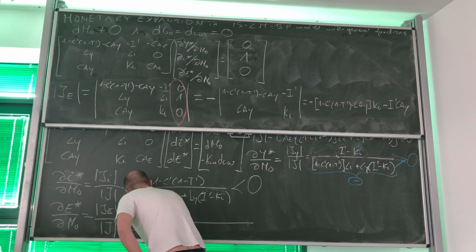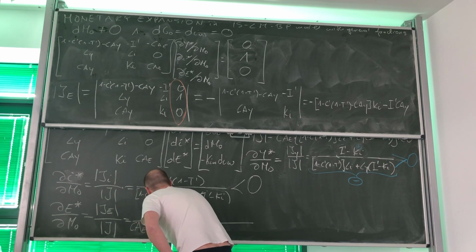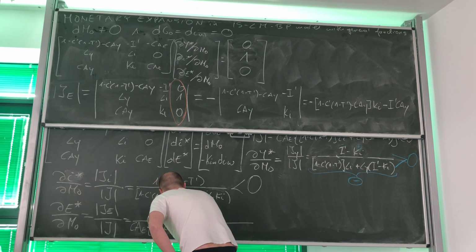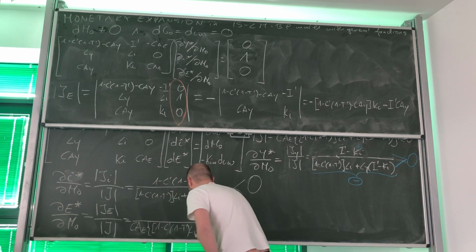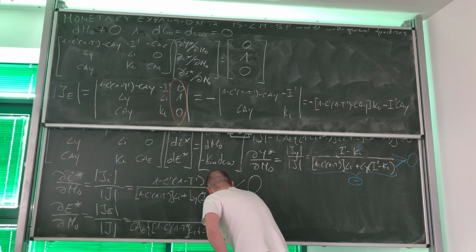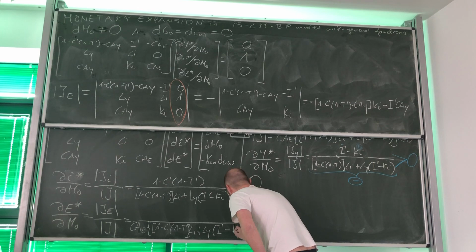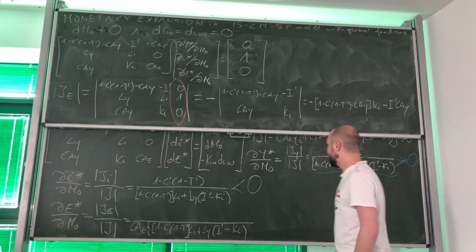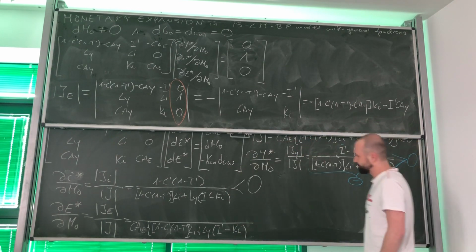C_AE. So here we put the Jacobian. And on the top, we put this expression.